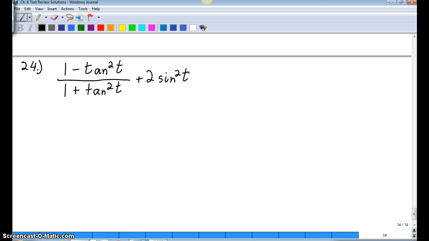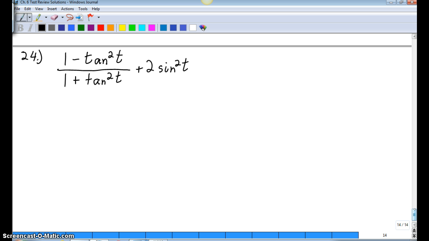Okay, so again, one rule you can always follow is turning your tangents into sines and cosines. Turn everything into sines and cosines.